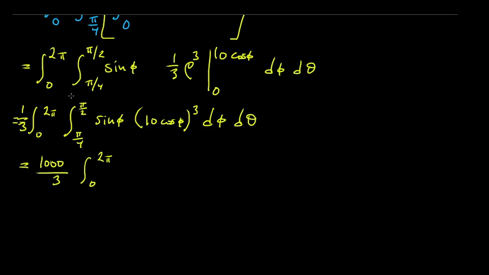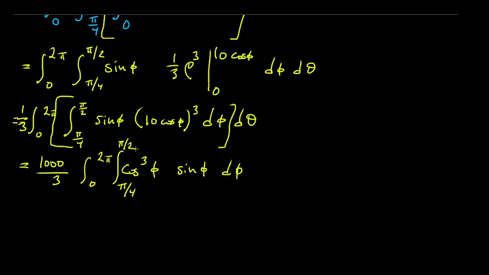So maybe we'll hold off on that and just do this integral, which is cosine cubed of phi times the sine of phi d phi. Oops, I forgot the integral here, sorry. Pi over 4 to pi over 2, and then the d theta one.